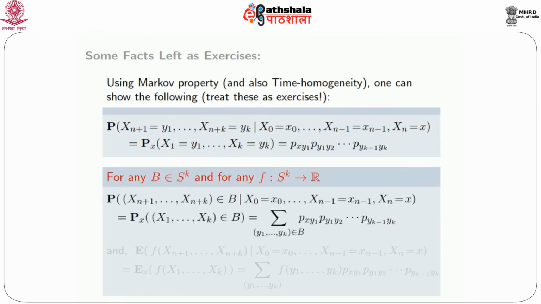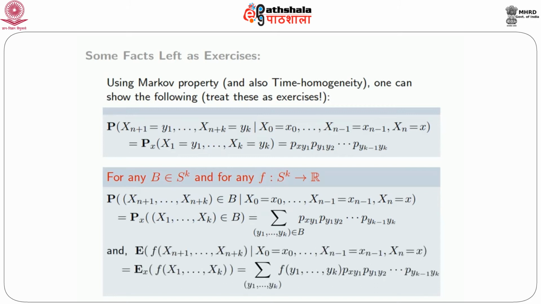And here, for any B in S^k, look at the event that (Xn+1, ..., Xn+k), this k-tuple, belongs to the set B. That's an event determined by the k steps after time n. You want the conditional probability of that event given the past history up to time n and that the present state is x. One can easily show by using the Markov property, just writing down this conditional probability, that it's this.